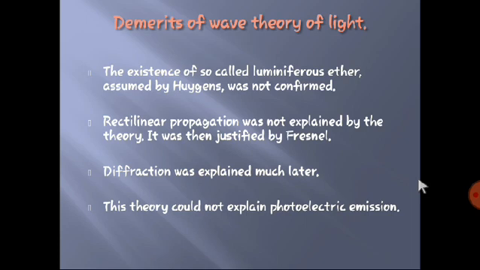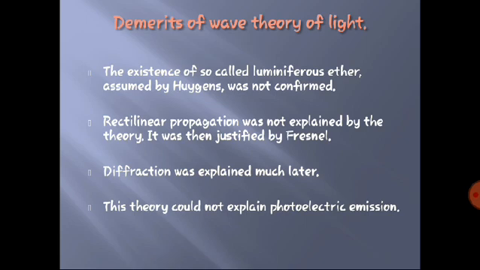Second, rectilinear propagation was not explained by this theory. Later on it was explained or justified by the scientist Fresnel, but in Huygens wave theory it has not been explained. Then diffraction was explained much later. Interference has been explained, but diffraction was explained very late, so that comes under the demerit of this theory.